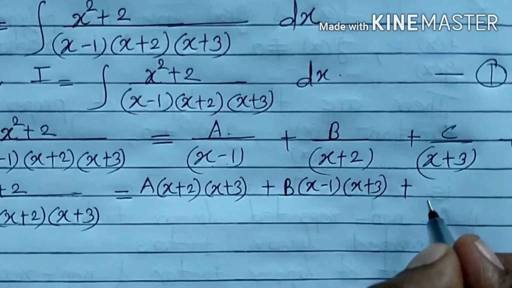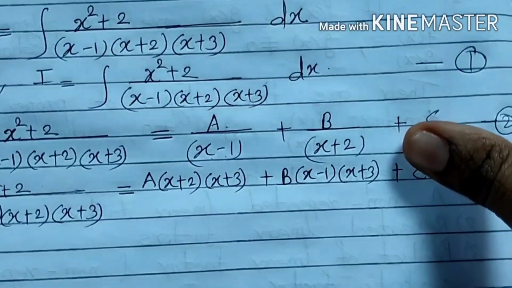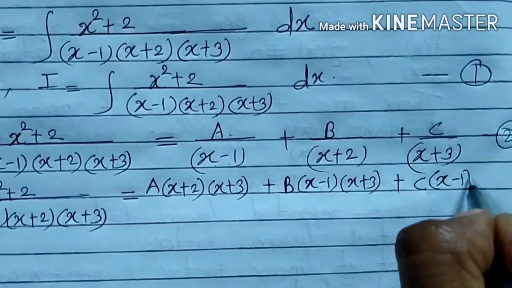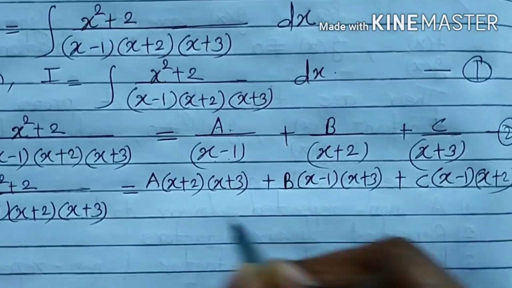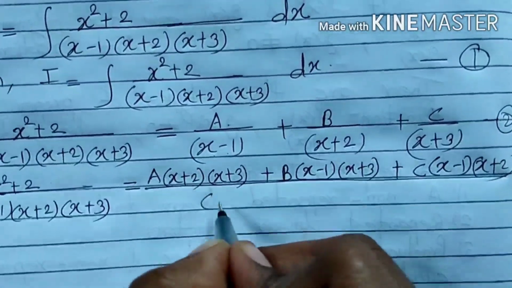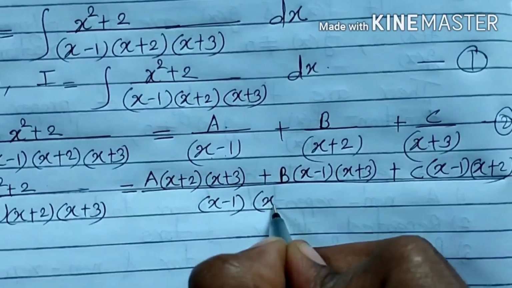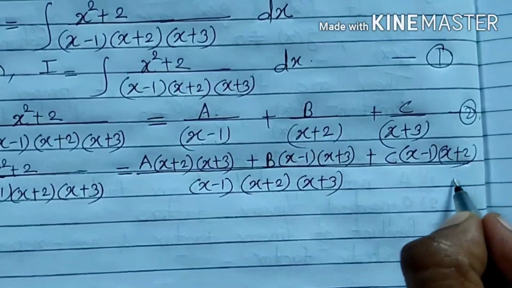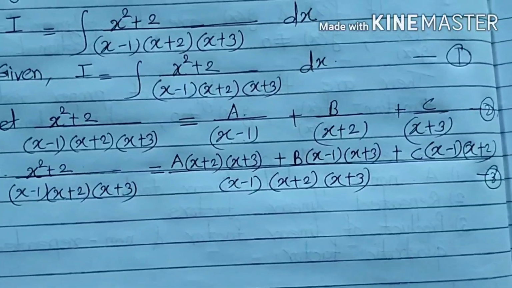When we take C, we take only (x minus 1) and (x plus 2). And this is the multiplication of these three terms: (x minus 1)(x plus 2)(x plus 3).